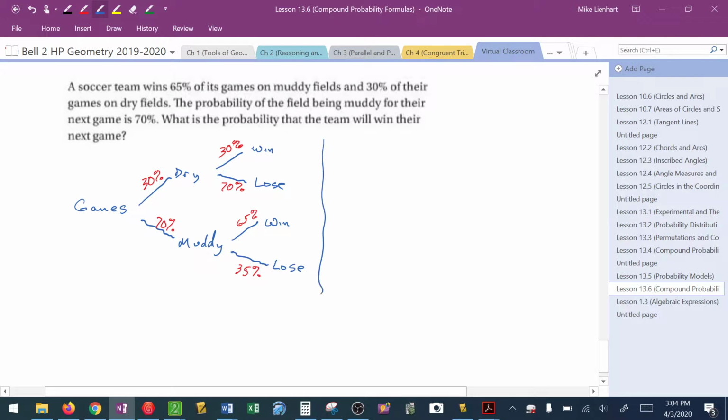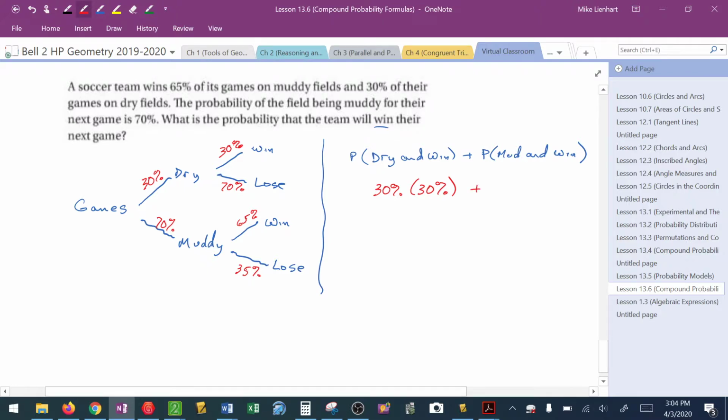So I'm going to take this information. This is the probability they want to win. So the probability of dry and win added to the probability of muddy and win is what they're asking us to find. Now the probability of dry and win, that's going to be 30% times 30%. Probability of dry is 30%. Probability of win when it's dry would also be another 30%.